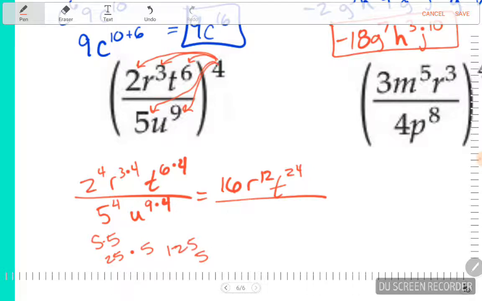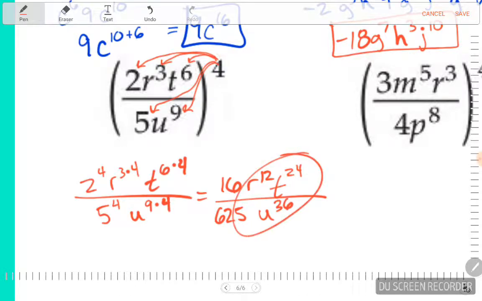Times 5 is 625. U to the 9 times 4 is 36. Oh, good. I could have maybe even had stuff to cancel here, too. Could have been another step, but my variables are all different. So that is where I stop.